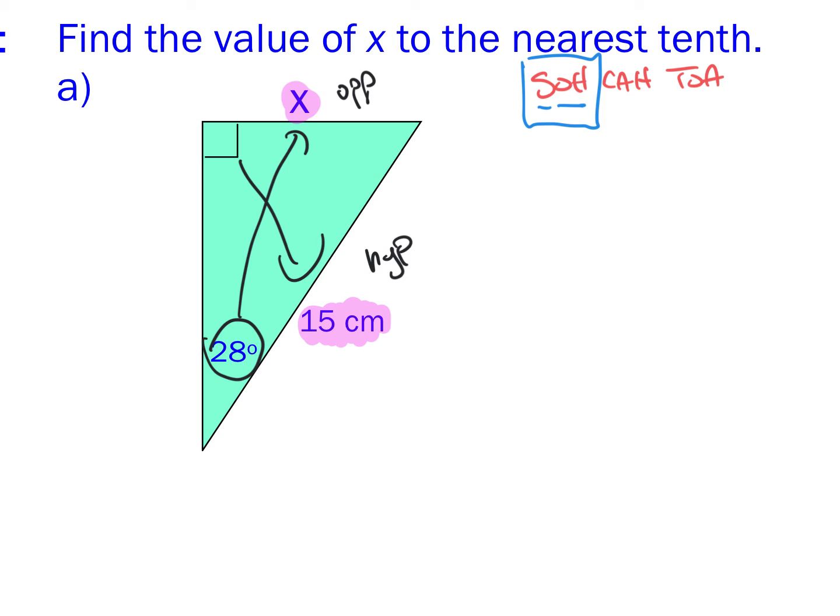So the sine of 28 degrees, the given angle, is equal to opposite over hypotenuse. Now we're going to take our calculators and figure out sine of 28. To 4 decimal places, it's 0.4695.